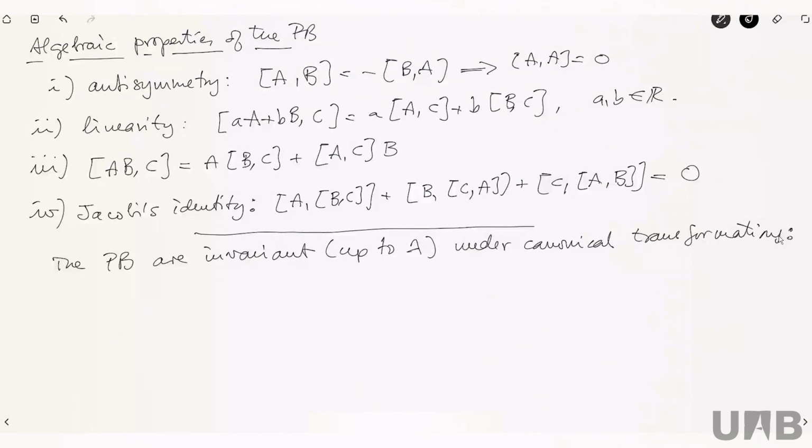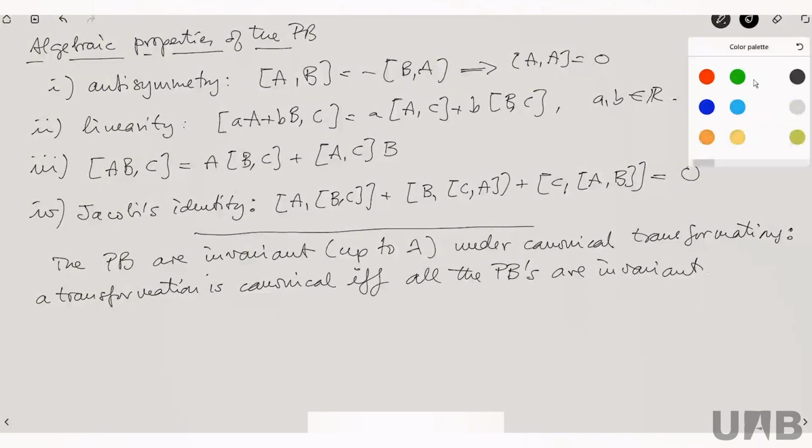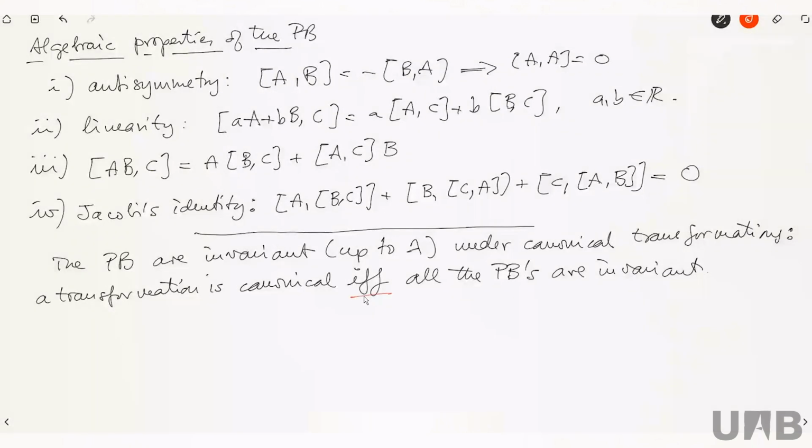That means a transformation is canonical if and only if all the Poisson brackets are invariant. Okay, so this is important. If and only if.